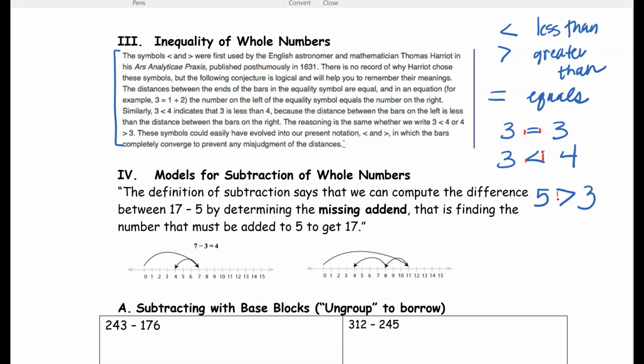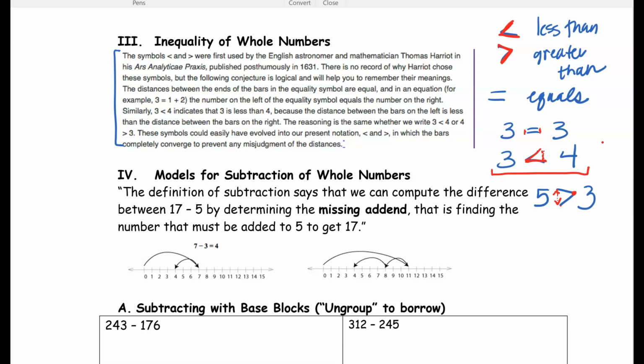Or over here, this distance is greater than over here, so that side is facing the larger number. Okay, one more thing I want to mention. I think usually it's really clear to elementary school students that this symbol up here is less than and this symbol is greater than, but it's also important to be able to read those in opposite ways. So for example, this statement right here, you could read 3 is less than 4.